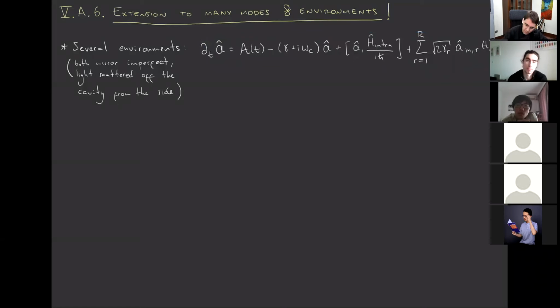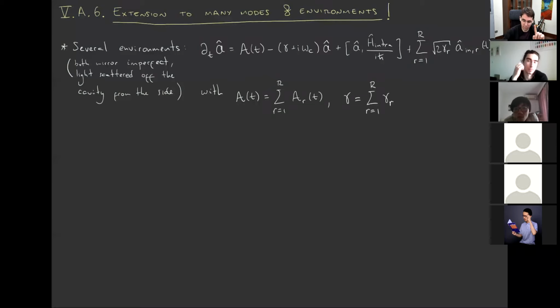So anyways, what's important here is that the driving amplitude will just be a sum of all the driving amplitudes of each of the reservoirs or each of the environments. So you can have lasers on each environment, and each of these lasers will just add up. And the same for the damping. The total damping will be the sum of all the dampings.